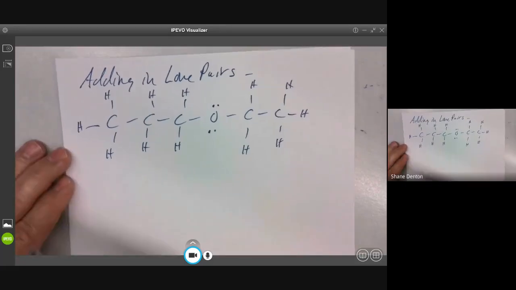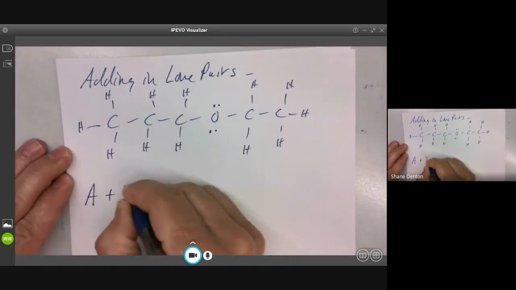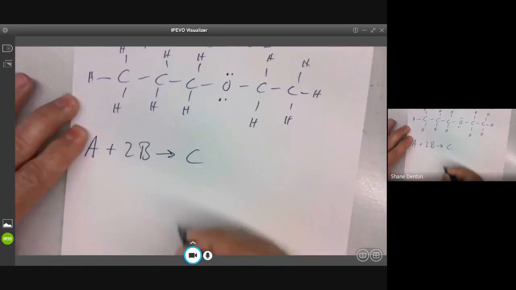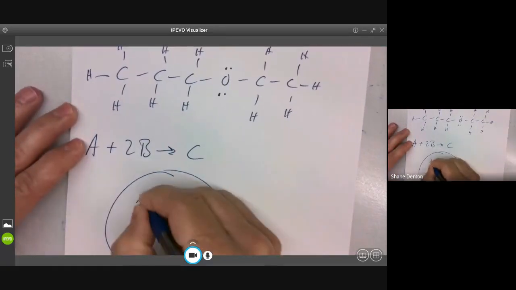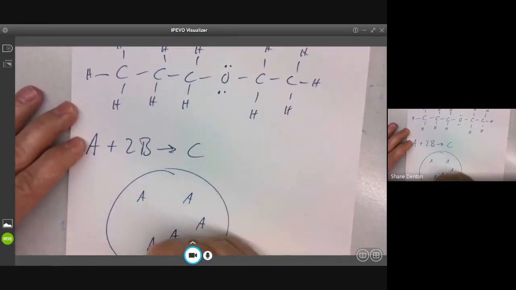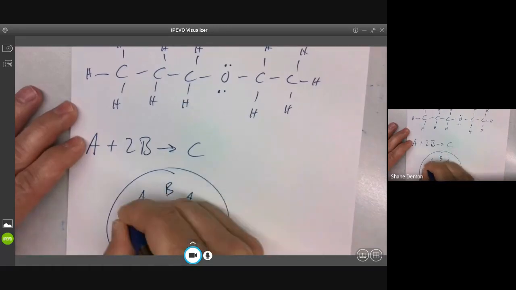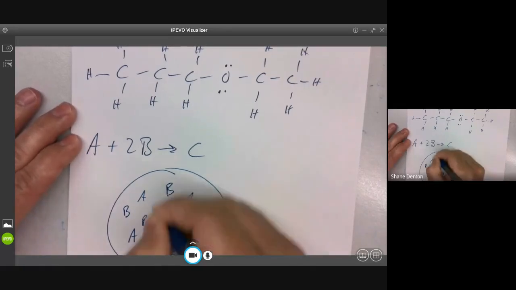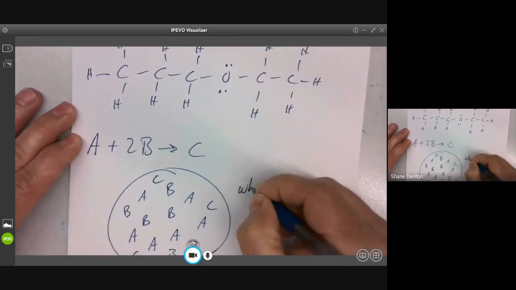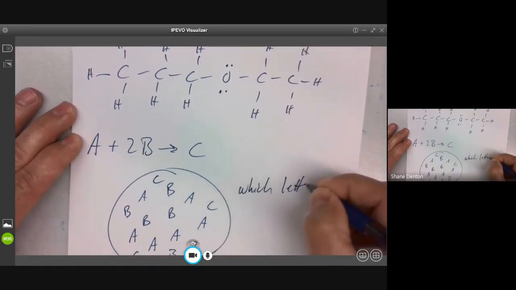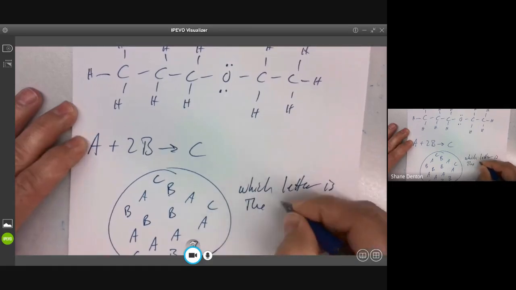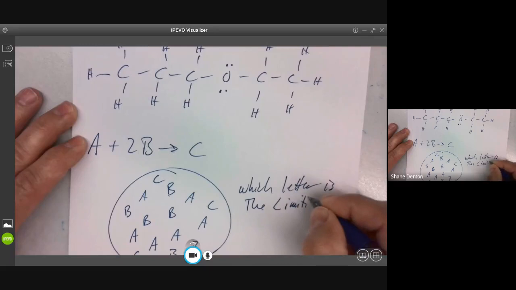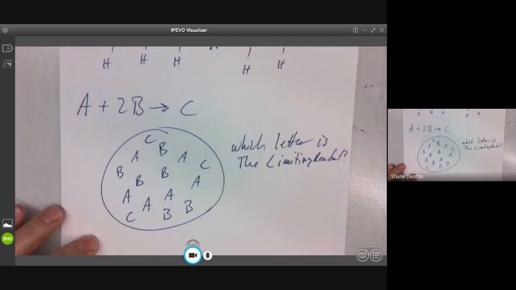Like if I gave you A plus 2B yields C, and I did this, and I asked you which letter is the limiting reactant. Can anybody answer that question?